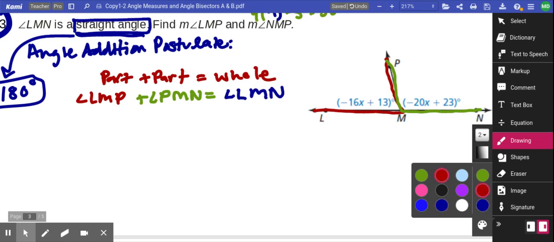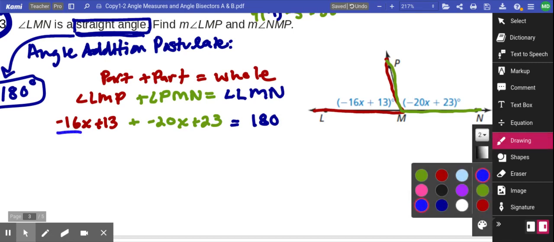We know angle LMP is negative 16x plus 13. We know angle PMN is negative 20x plus 23. And we know our whole straight angle is equal to 180 degrees.